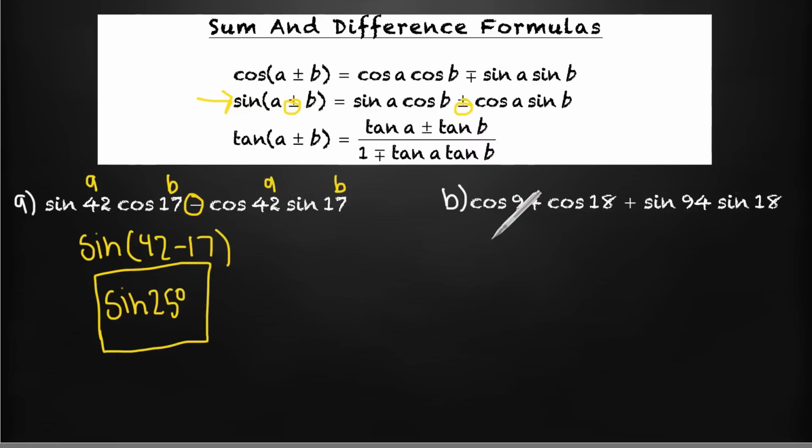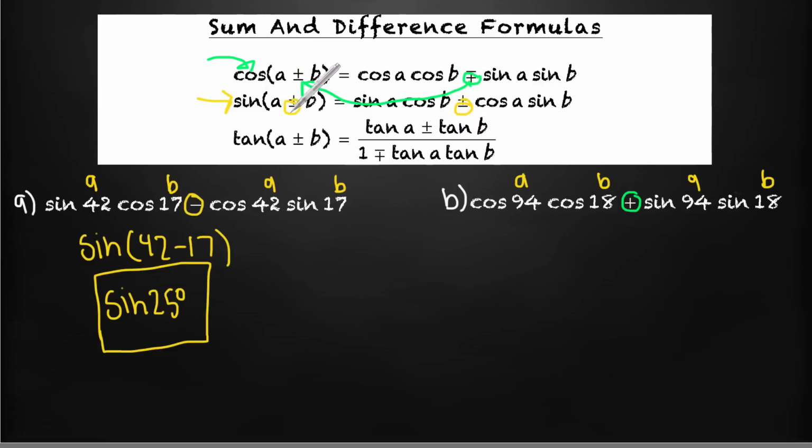All right, part B. Cosine of 94 cosine of 18 plus sine of 94 sine of 18. So once again, we will say that our A must be 94, our B must be 18. And so we look at this formula here and we recognize that it is going to be cosine, and we remember that if this sign is positive right here, that means we need to link it to the bottom.